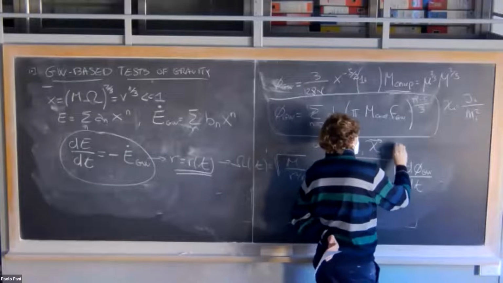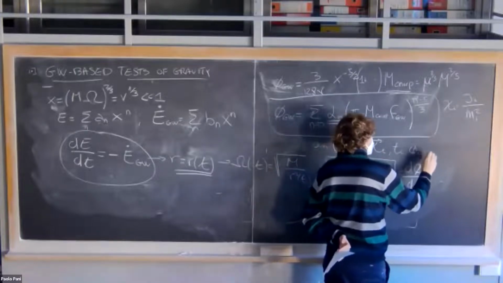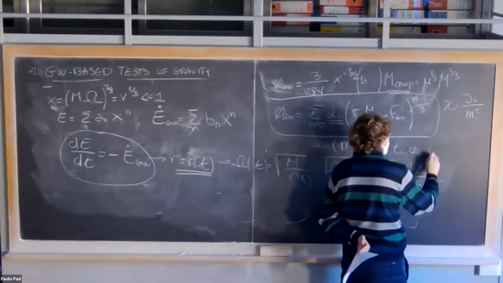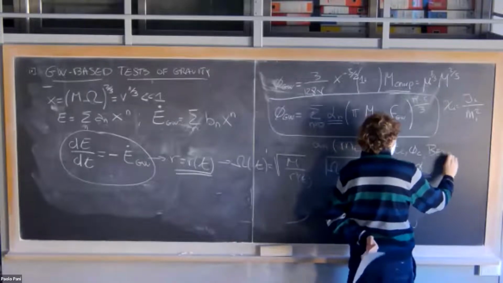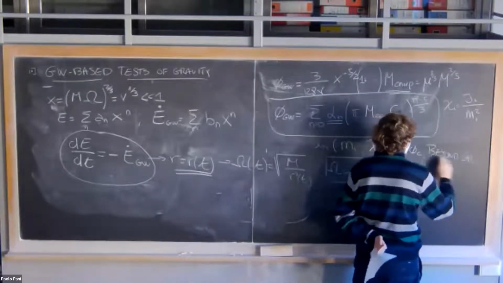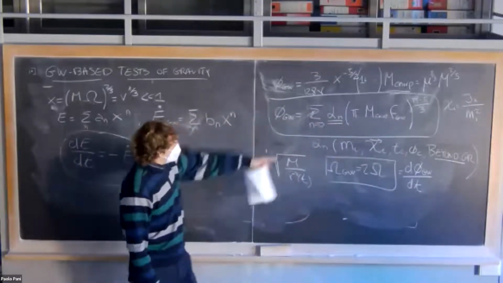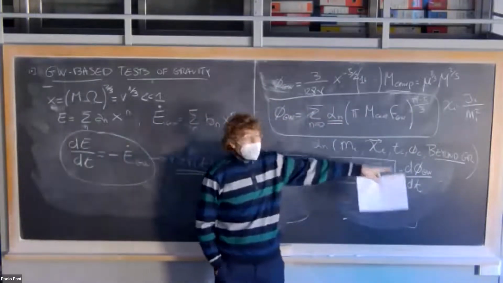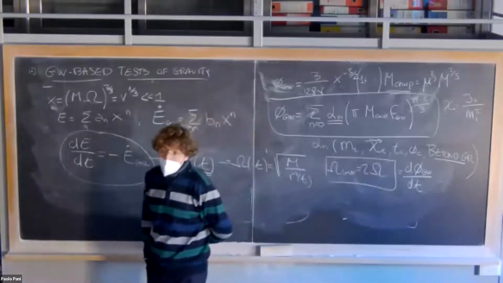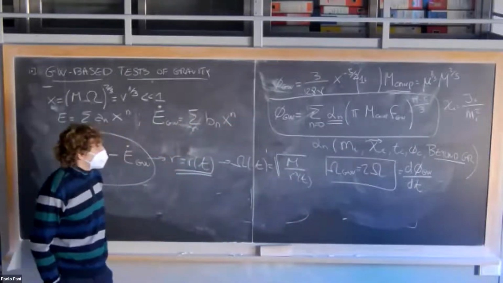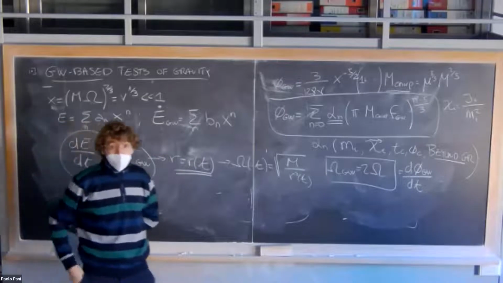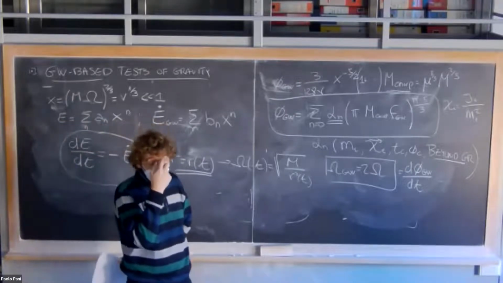And they can depend on the coalescence time, the coalescence phase, plus anything that is beyond GR that we will now discuss. So of course, in GR, these coefficients depend really only on masses, spins, and other parameters of the binaries, plus corrections that depend on the position of the binary.